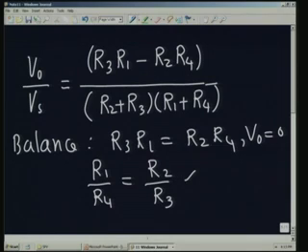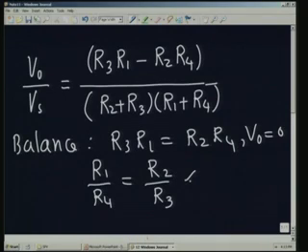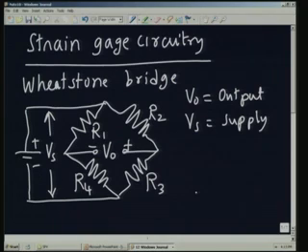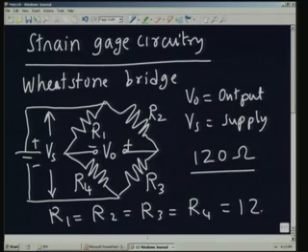Now, suppose we have the following. We have a gauge with 120 ohms value for the resistance. Suppose I choose R1 equal to R2 equal to R3 equal to R4 equal to 120 ohms.